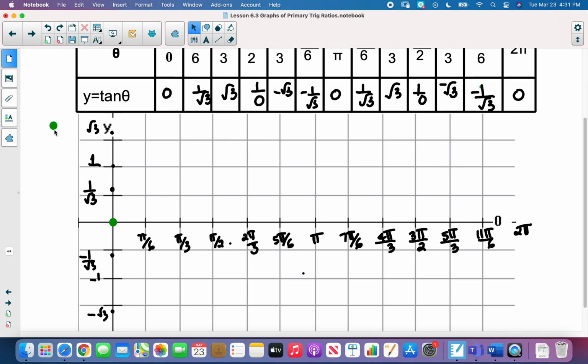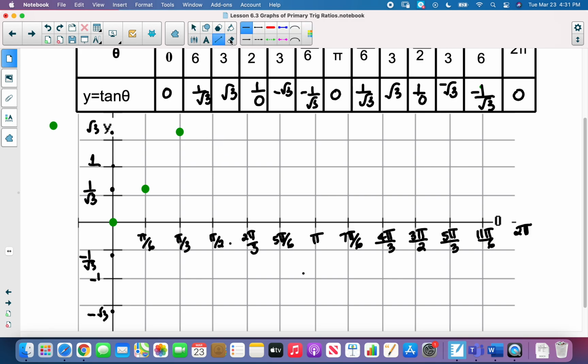Tan of pi over 6 is 1 over root 3. That's this point here. And then tan of pi over 3 is root 3, which will be up here. And then tan of 90 is undefined.